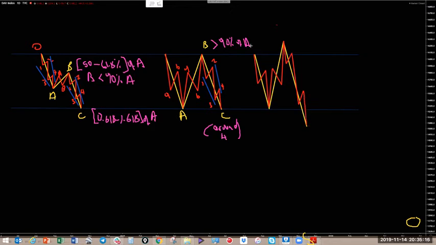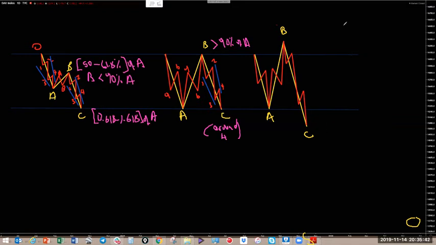It is an ABC structure. The difference between the regular flat and the expanding flat is that the regular flat breaks above the start of wave A and breaks below the end of wave A.